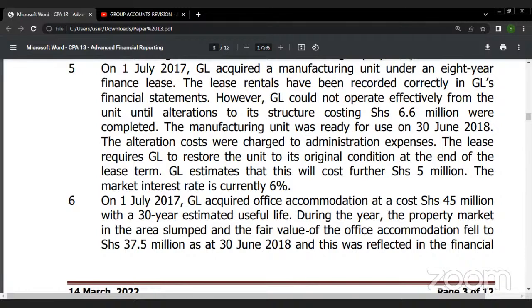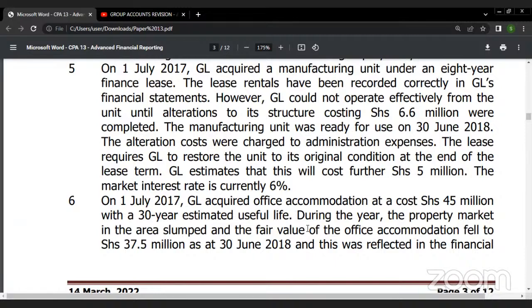When you look at note 5, of course, we see leases, so I'll have to apply IFRS 16.